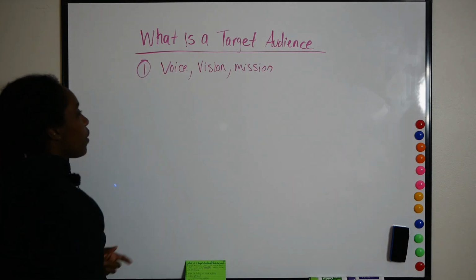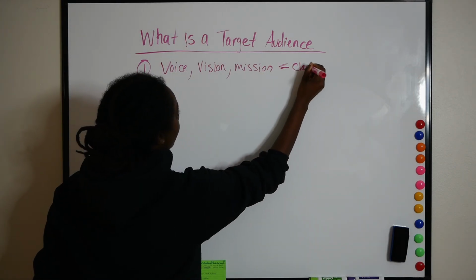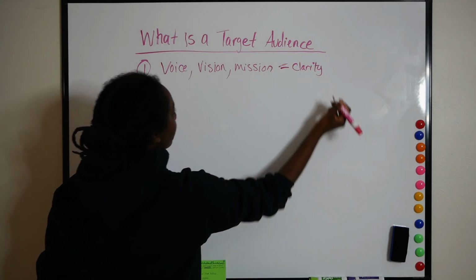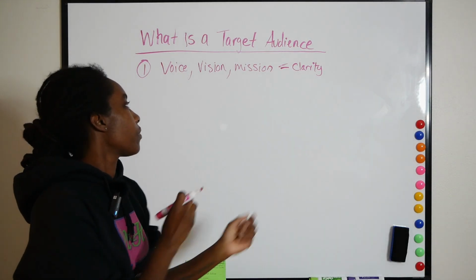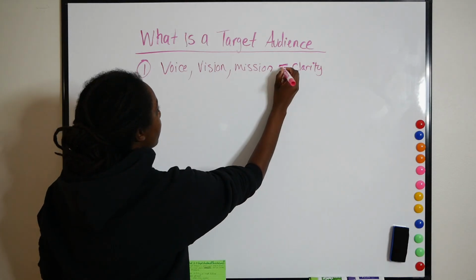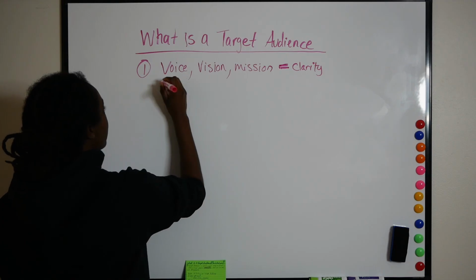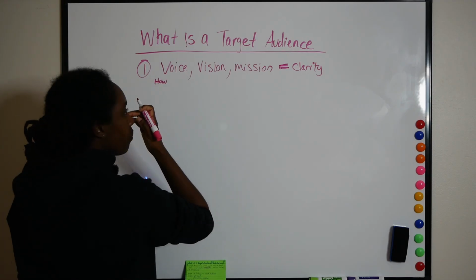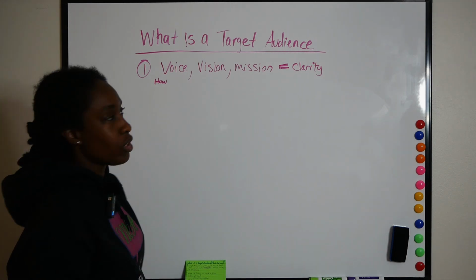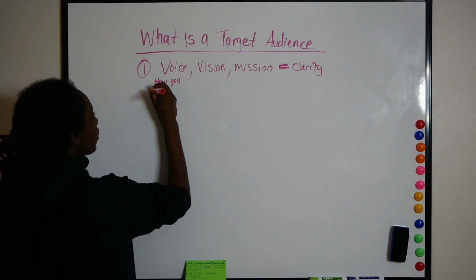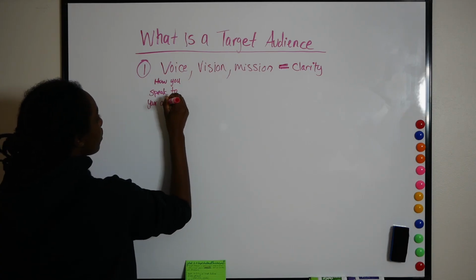You gotta make sure you have your voice, vision, and mission, because that's gonna give you clarity and understanding of what your product or service is, what your brand is about. You gotta have your clarity, or you'll just be all over the place. Your voice is how your brand shows up via social media channels, how you speak to your audience.